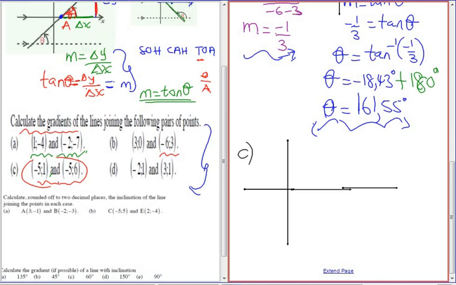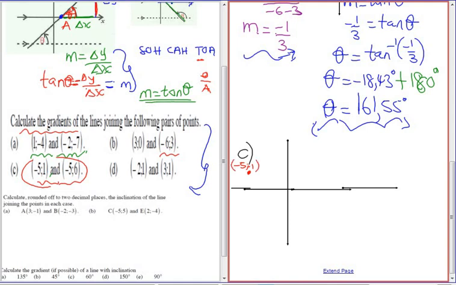So let's sketch negative 5 and 1. Do you see that I needed space to the left more than I needed space to the right? So I'm actually going to just say negative 5 and 1 is this. Let's put it here and say that's negative 5 and 1 right there.